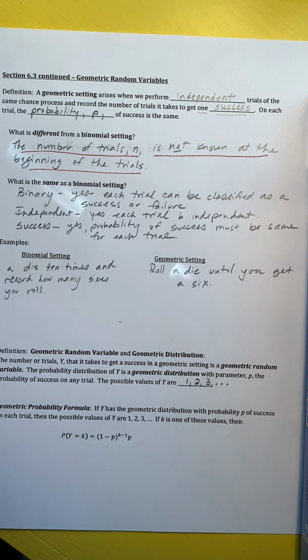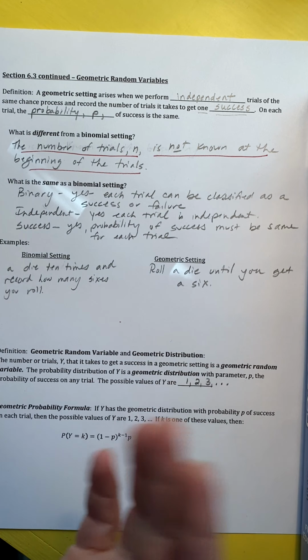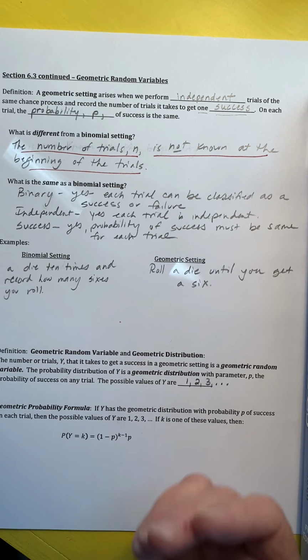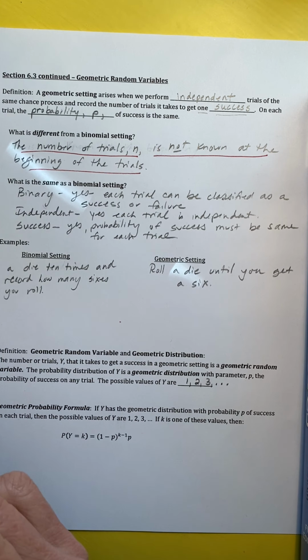You've had many examples. Roll a die 10 times and see how many times I get a 5. That's a binomial setting, and the number of trials, which is 10, is known at the beginning. Taking a 10-question quiz, each question's a trial. You know there's 10 trials. But in the geometric setting, you don't know that in the beginning.